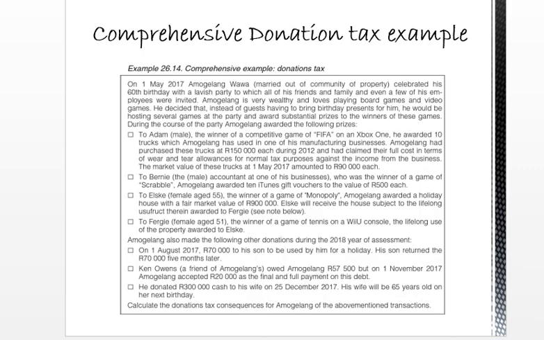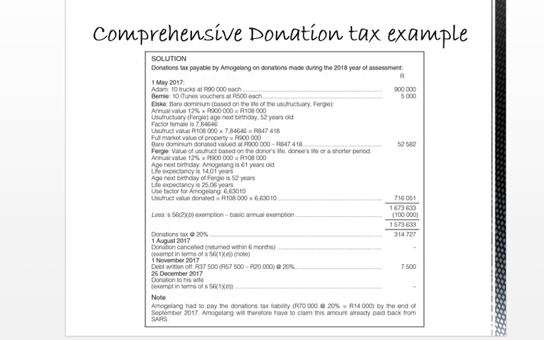He's male, so it's going to go to 61, and he has a life expectancy of 14.01 years versus Fergie, who is at 25 years. So we're going to use Amogelang's present value factor, multiplied by the usufruct value donated, at 108,000 Rand. So the usufruct value donation amount is then 716,000 Rand. Are there any other donations?